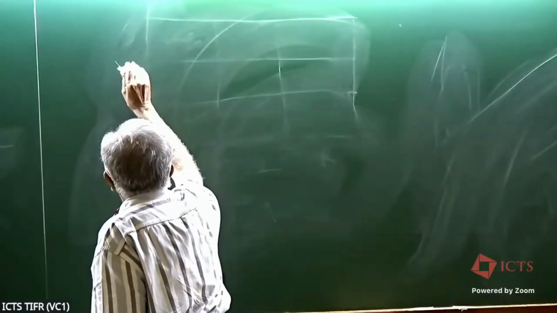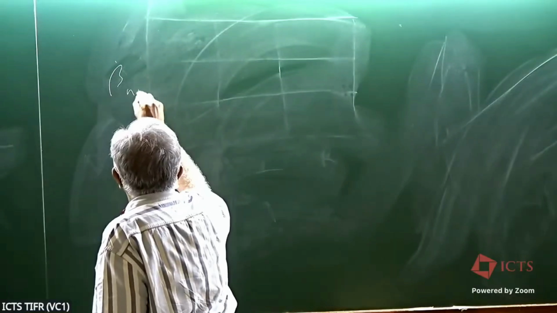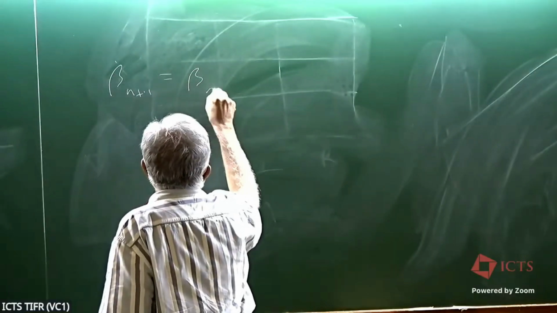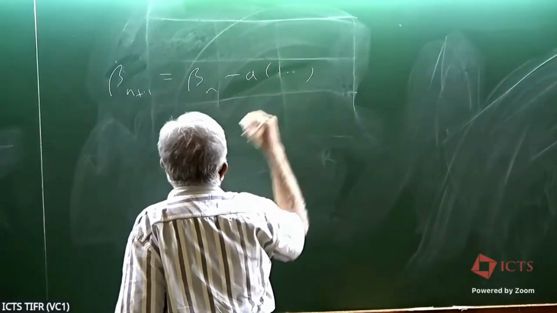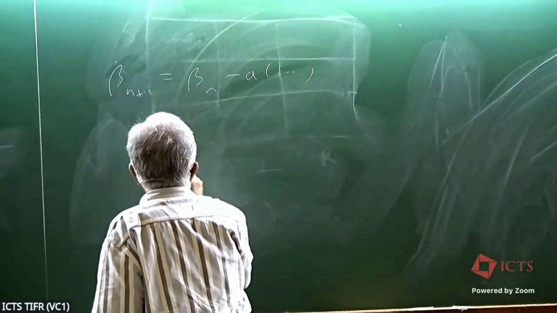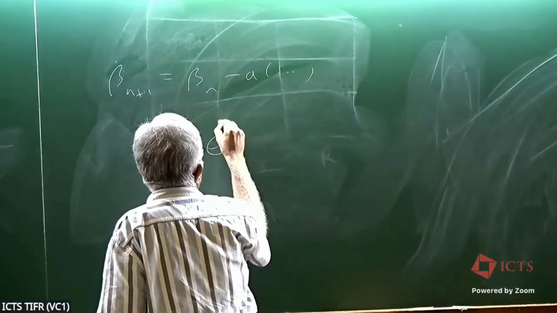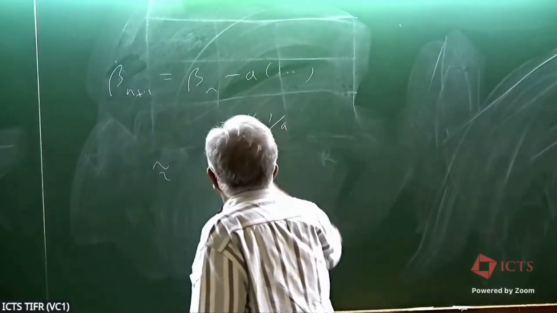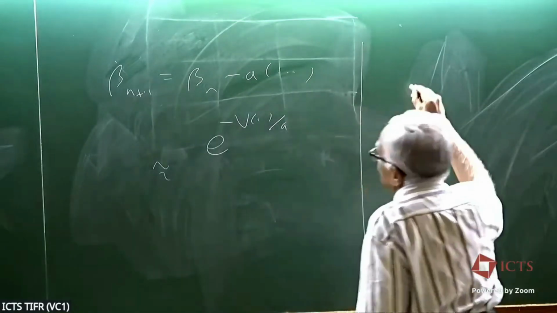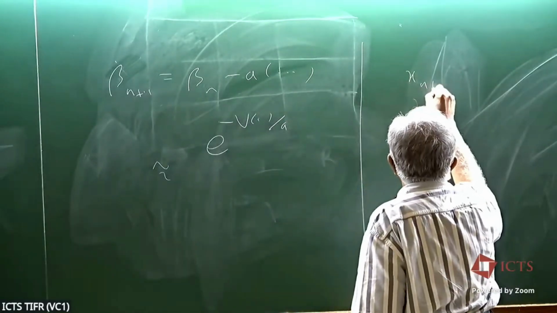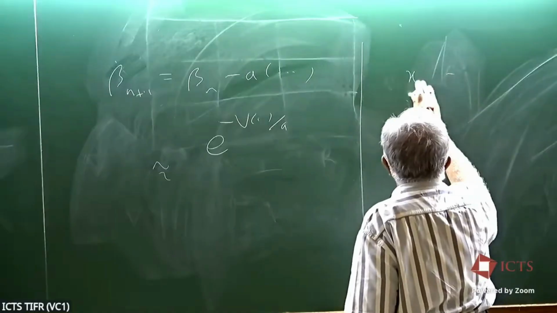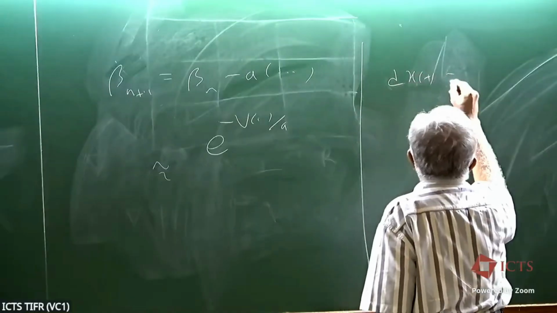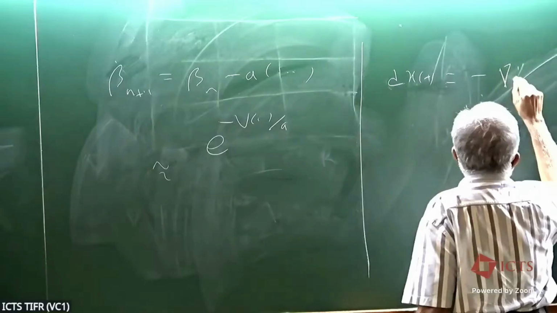So my algorithm is, say, x_{n+1} equals x_n minus A times the gradient plus noise. The stationary distribution will be something like e to the minus V by A. I want to contrast this with x_{n+1} equals x_n minus the gradient of f plus square root epsilon times z.